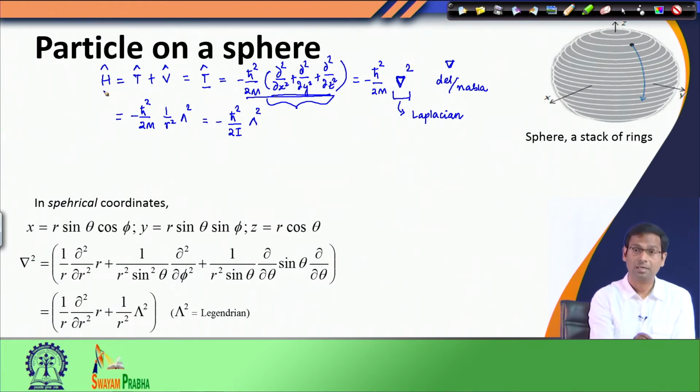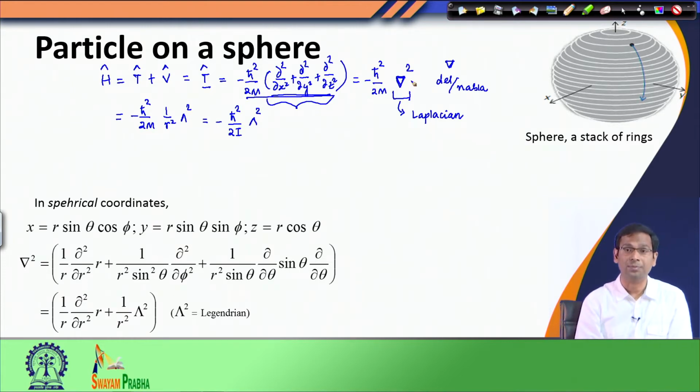Just to remind you, I started with my Hamiltonian, where I had the kinetic energy and potential energy operators. I said that the particle on a sphere does not experience any external potential. So, V is 0 and my Hamiltonian has only the kinetic energy operator, and I wrote down the kinetic energy operator in Cartesian coordinates.